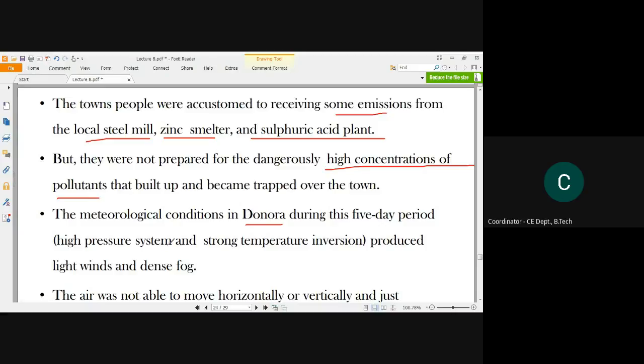The high pressure system and strong temperature inversion occurred in that place, and it produced light winds and dense fog. The dense fog was so vicious that in the morning it was quite dark due to that smog.